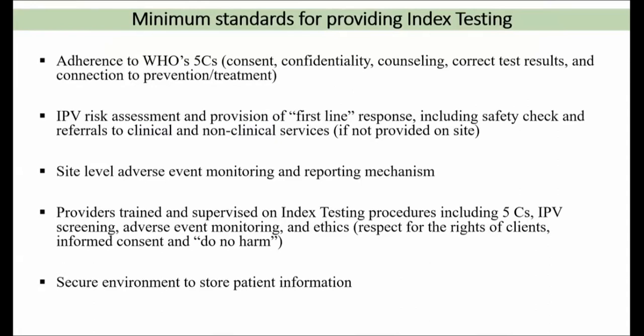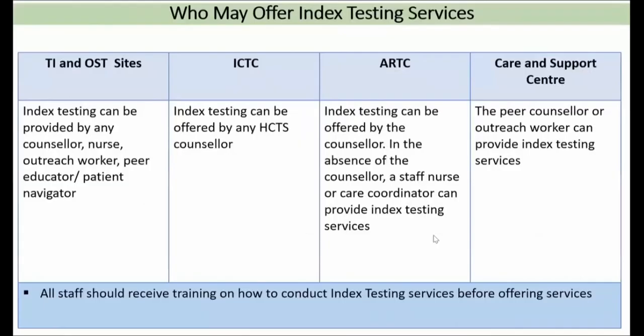As I'm repeatedly saying, the provider needs to be trained on index testing procedure, including 5 C's, IPV, adverse event monitoring, and ethics. The provider needs to take informed consent and follow the principle of do no harm in any case. There must also be a secure environment to store patient information, so that we can adhere to confidentiality, one of the 5 C's. That needs to be ensured, with an appropriate environment for storing patient information.